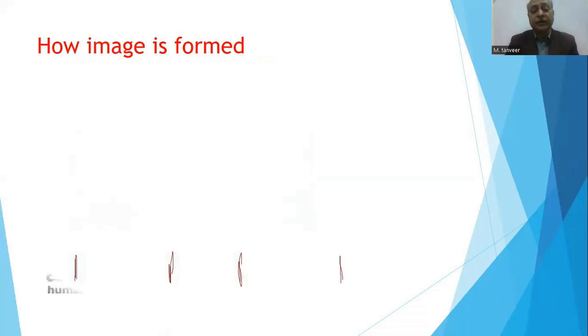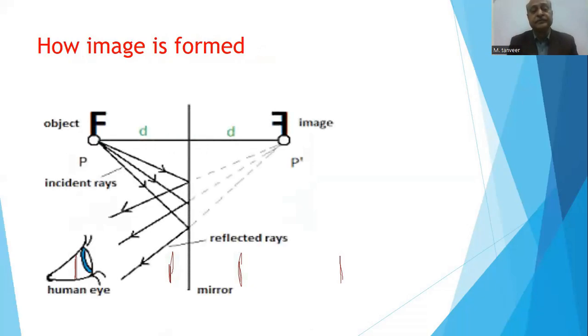Next, how is the image formed? This is the object which is placed at F. Its image is formed at this point. Number one, their distances are equal. The distance of object and distance of image are equal. Now, the question is how this image is formed. Rays of light are coming from the source, which is the sun, a tube light, a bulb, or any other source emitting rays of light.